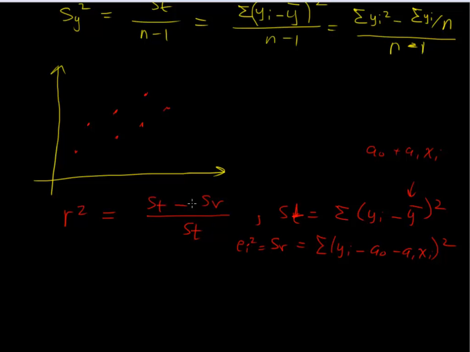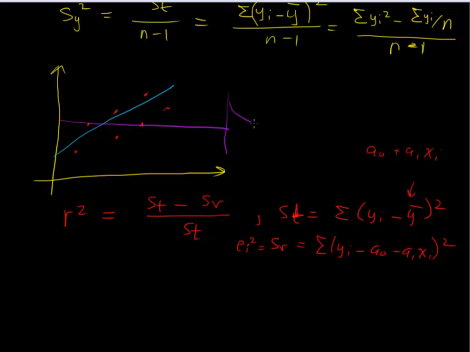What we want to know is, if we fit a line to this data, are we any better than if we were to fit a line over here? The way we do that is we look at these squared errors and how well they explain the data.